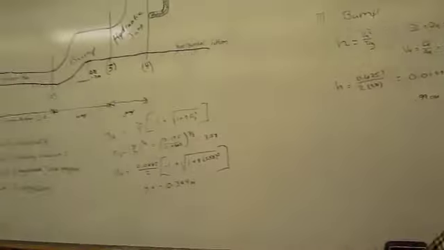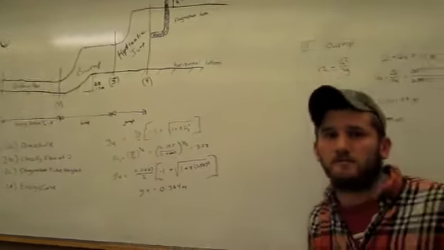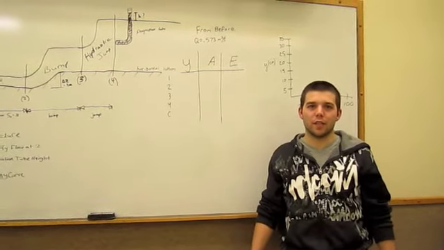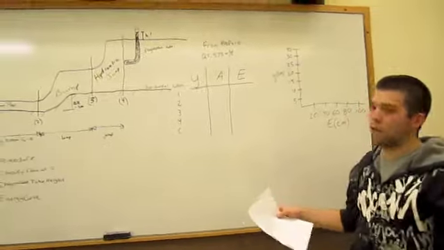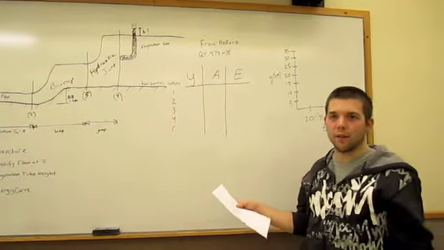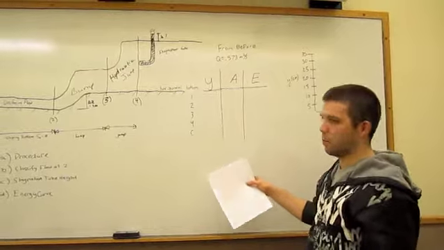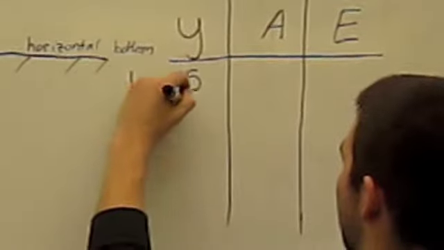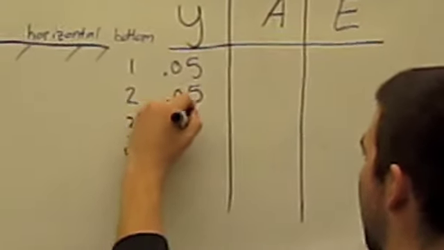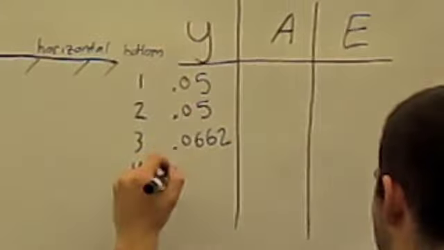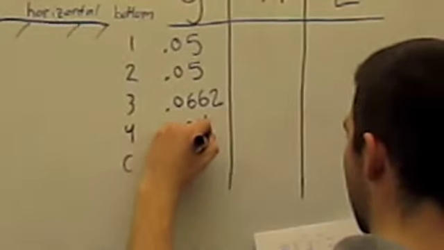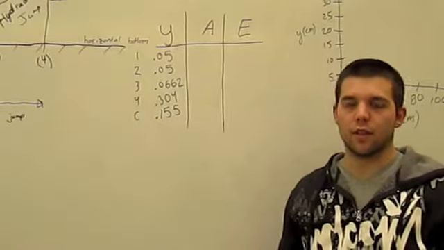For our final section of the problem, we'll do the energy curve with Tyler. Hi, this is Tyler from Team 26, and I'll be showing you how to do part 2D. First, we are going to take the y values, the depth values that Grant found earlier, and we're just going to plug them into this chart. From there, we're going to solve for the area of each cross-section.